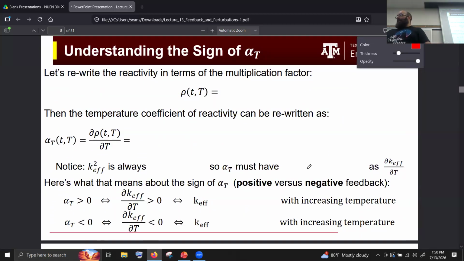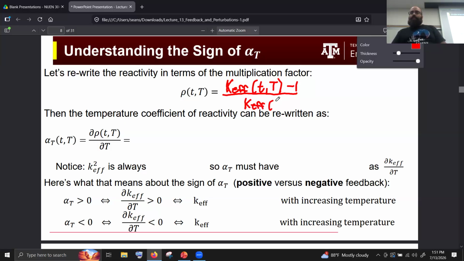And we can start understanding that by just thinking about rewriting the definition of reactivity in terms of the multiplication factor. So if I want to write reactivity in terms of the multiplication factor, what does that look like? Perfect. Yeah, K effective, which could also depend on time and temperature, minus 1 over K effective, which again could depend on time and temperature.